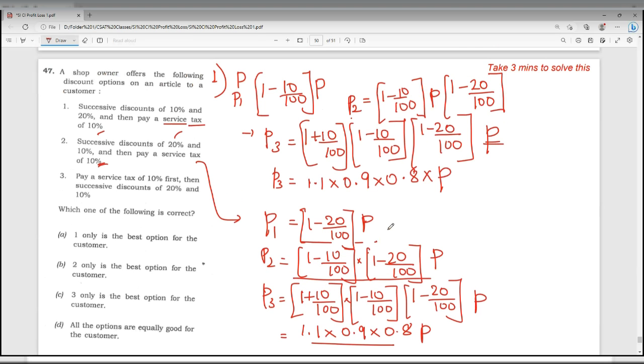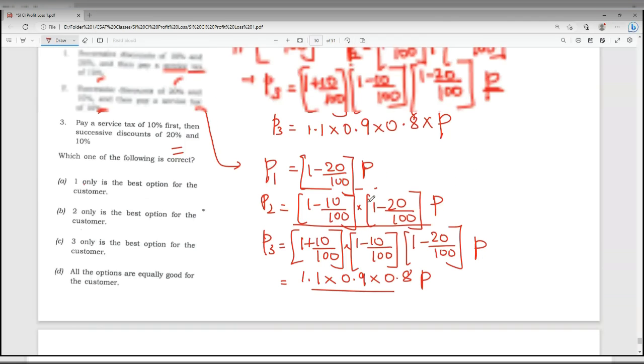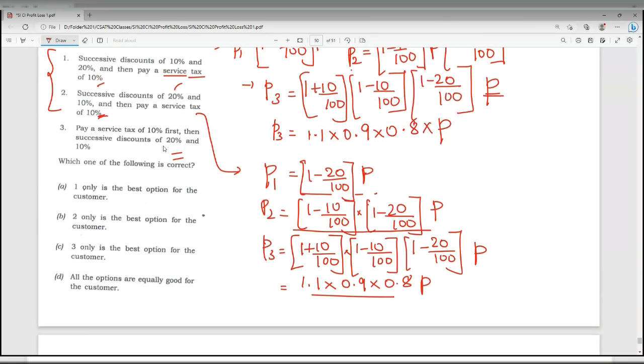So from this, at least we don't have to calculate this again. We know that the first and the second options are the same. So is option 1 the best, option 2 the best, or option 3 the best? Just to confirm, they are saying that you have to pay a service tax of 10% first and then successive discounts of 20% and 10%.